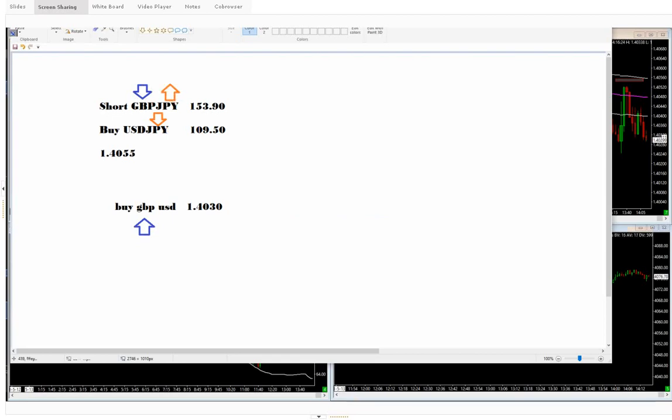What about my dollar exposure? Well, I've bought dollars here, and I've sold dollars here, so what's my exposure? Zero. I don't have any exposure to anything. Basically, if I buy the pound yen at 140.30, I am flat with a profit of 25 pips. Flat with a profit of 25 pips.